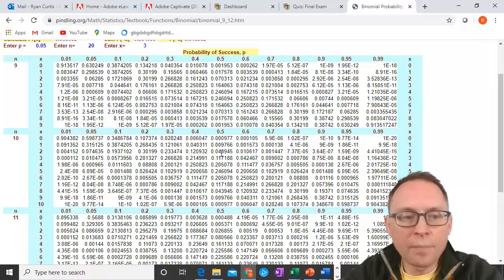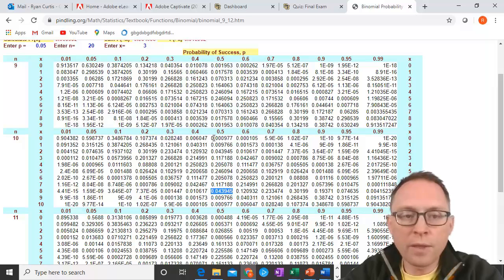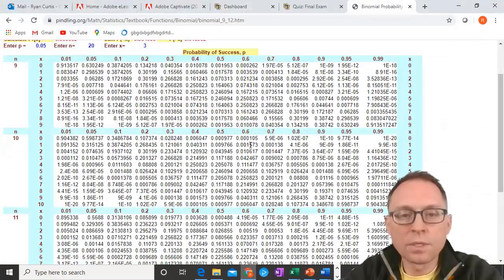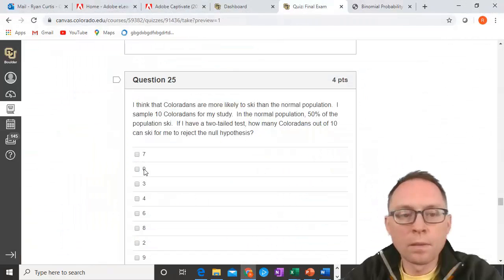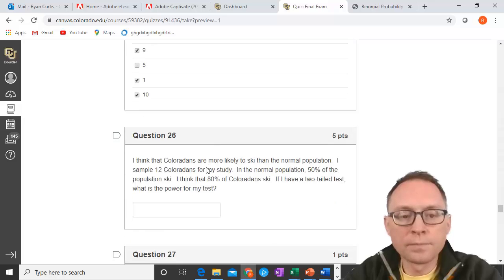However, once you add up the probabilities of 2 and 8, we're over 0.05. So we are only going to reject the null hypothesis for 0, 1, 9, and 10.